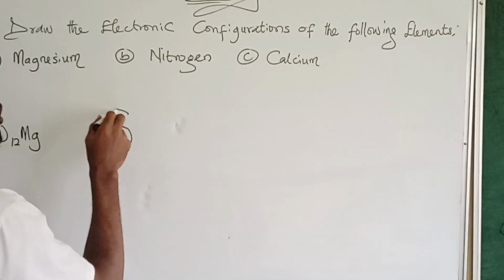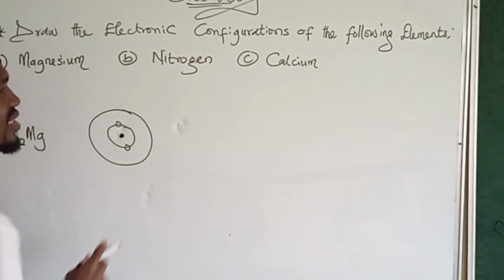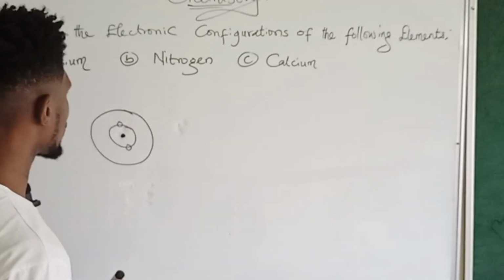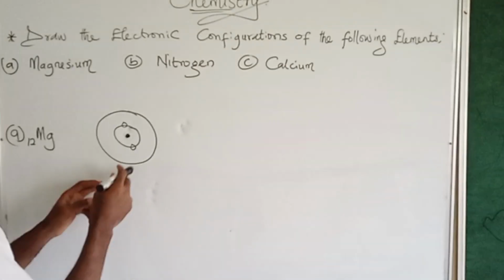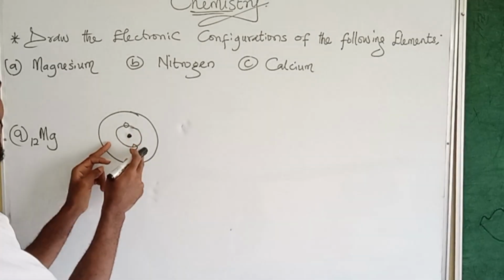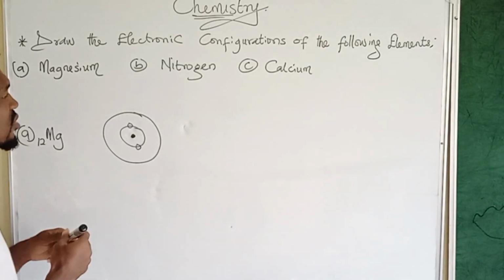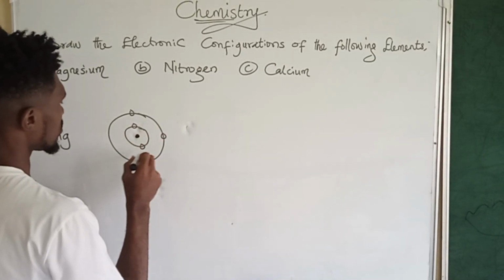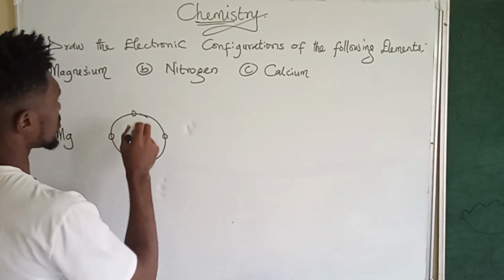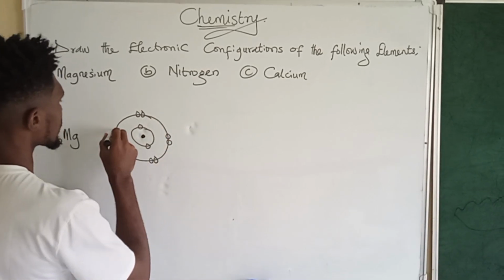Then we go to the second shell. The second shell will contain a maximum of 8 electrons, but we are going to 12. If you have 8 outside, add it to the 2 inside, you should have 10. It's not up to 12 yet, so we are free to put 8 outside because we're still on point.